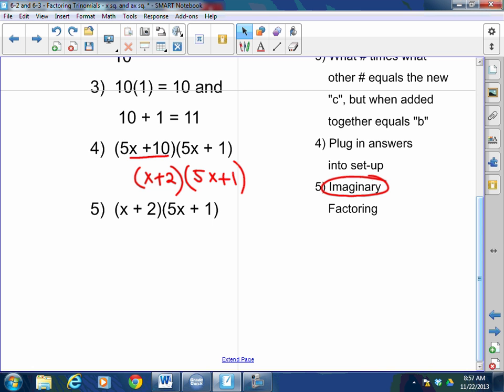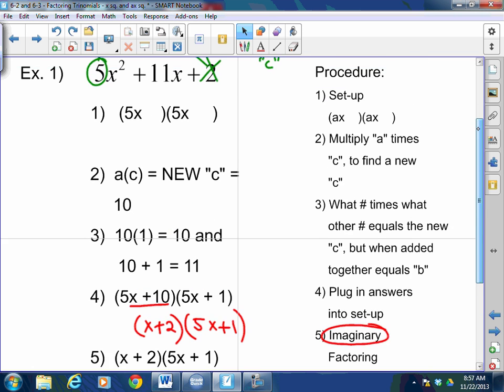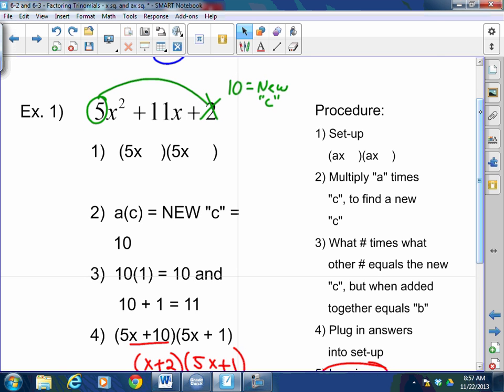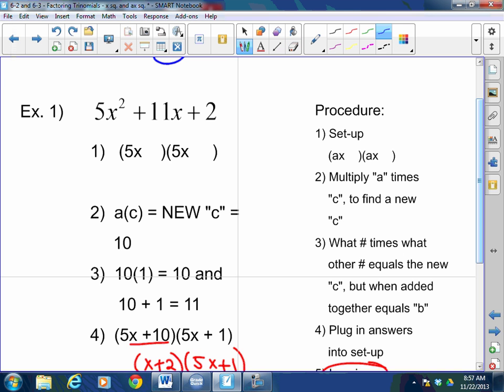So let's go from the beginning. I'll write it out in blue. I have 5x squared plus 11x. My setup, 5x times 5x. Whatever the a is, I keep it. Then I multiply 5 times 2 to give me a new c, which equals 10.